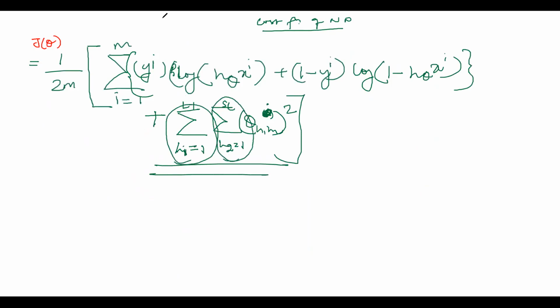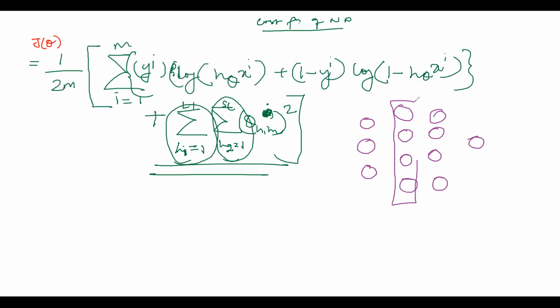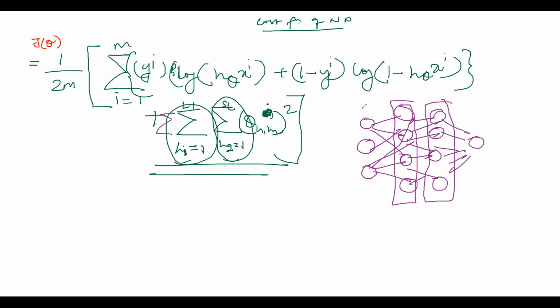In the neural network I have taken two hidden layers, so I have used two summations in the weights, because there will be more than one set of weights. Sorry, there are three sets of weights. This is my W1, this is my W2, this is my W3.